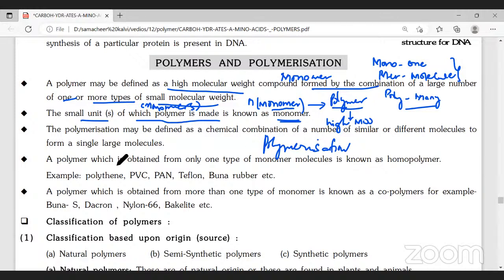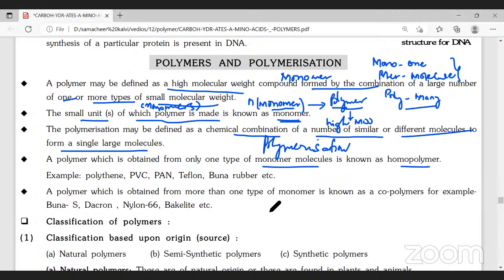The process in which a polymer is formed or prepared is called polymerization. Polymerization may be defined as the chemical combination of a number of similar or different molecules to form a single large molecule.